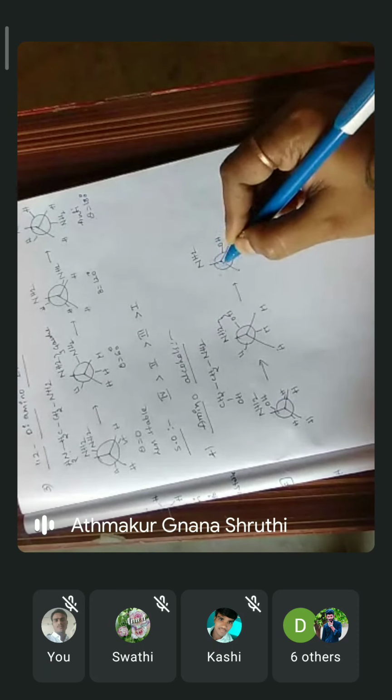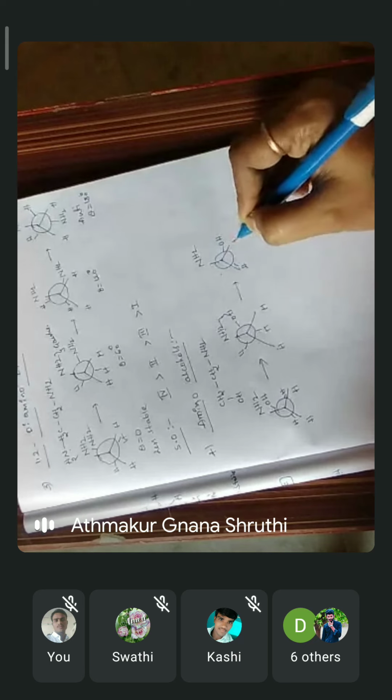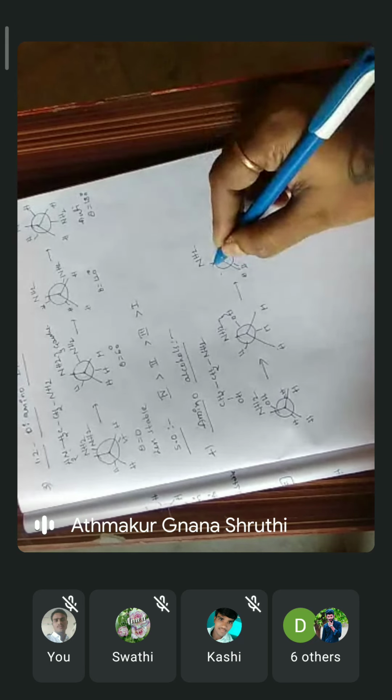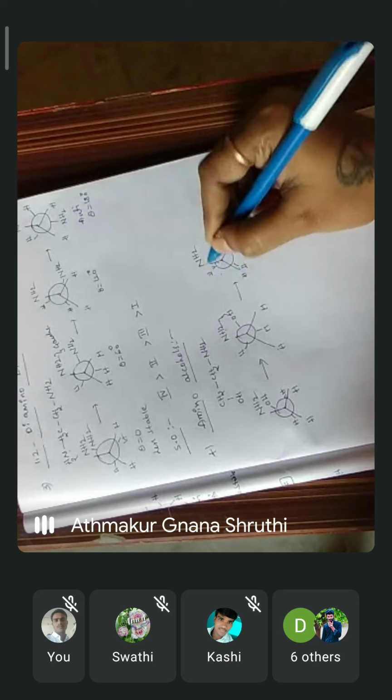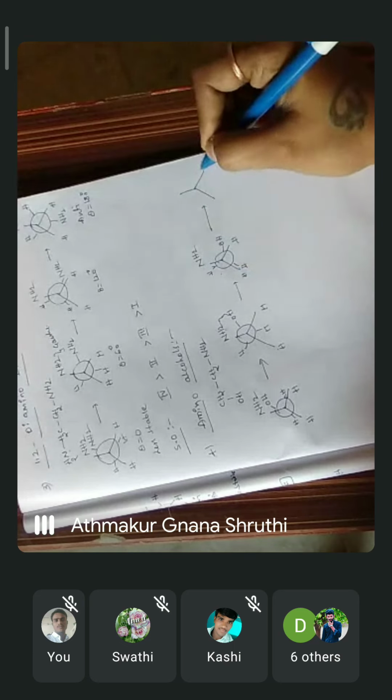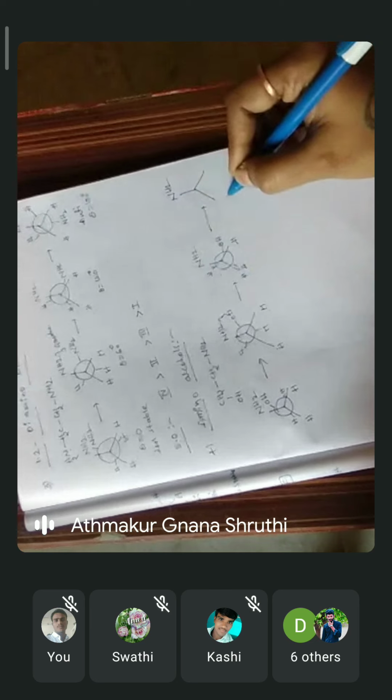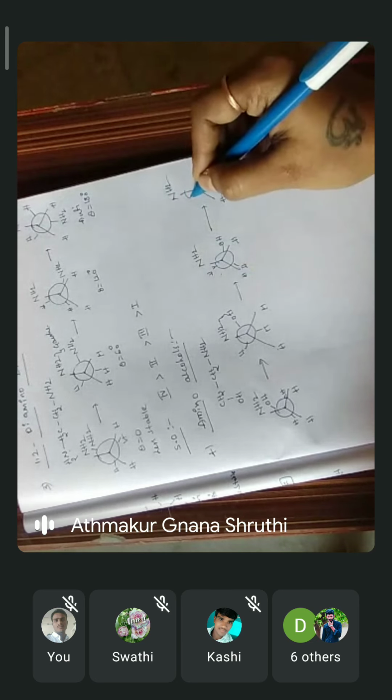And about another rotation, we get a partially eclipsed structure, and here is a hydrogen, 1, 2 hydrogen, and then the last structure, amino group, hydrogen and hydrogen.